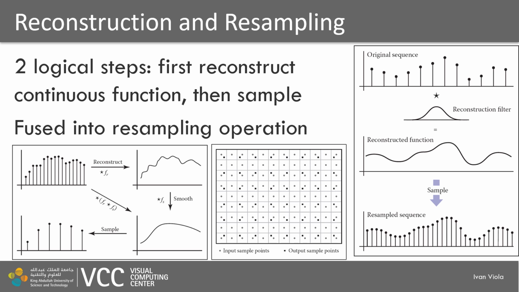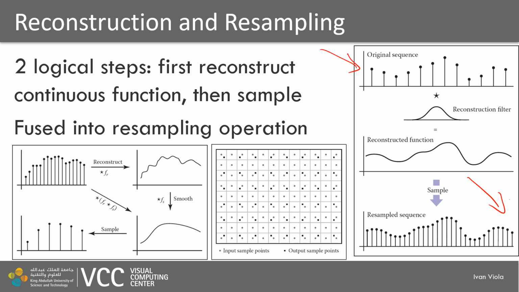We have our first sampled representation of our data, and then we would like to perform a certain super sampling process on it.